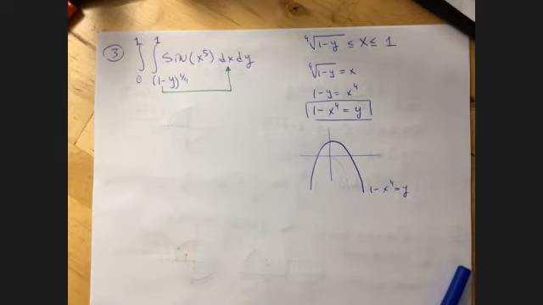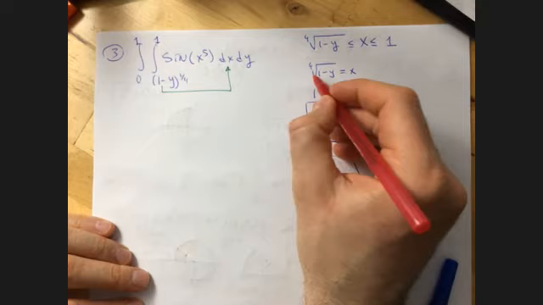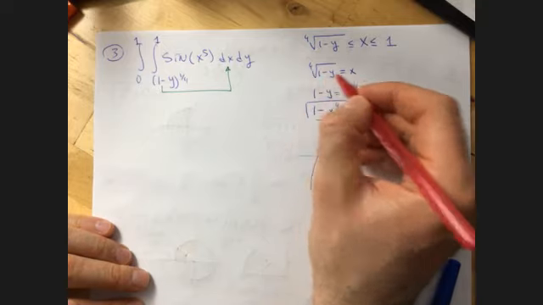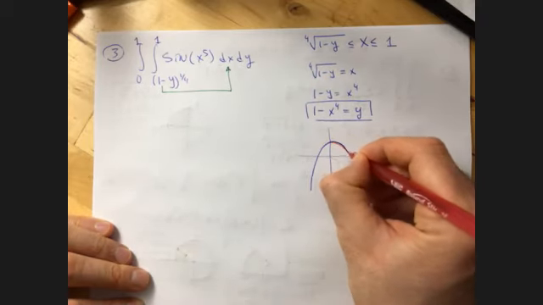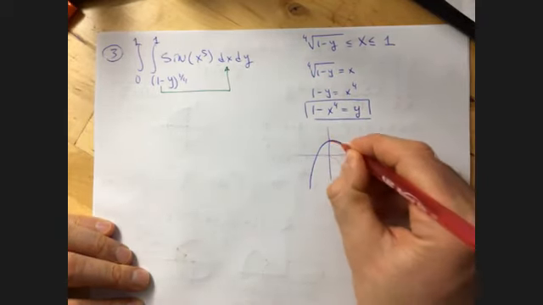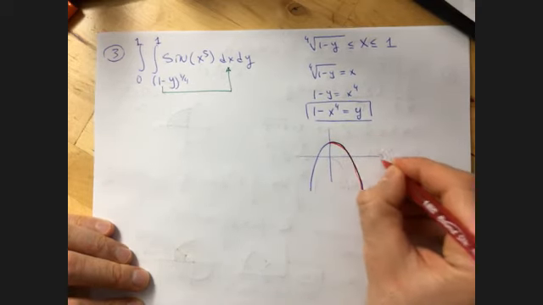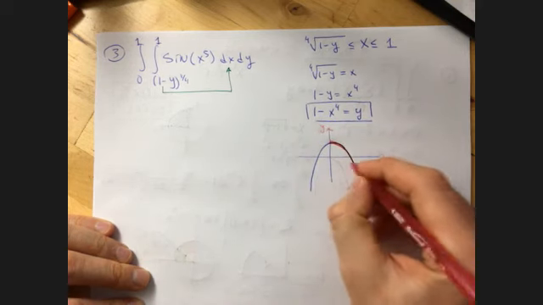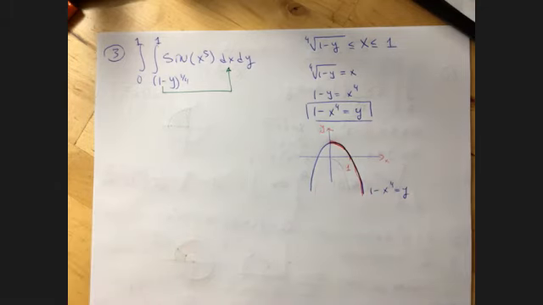Now, be careful here. It says that x is equal to the positive fourth root of 1 minus y, so that means that we are talking only about this part of the curve. Of course, this point here is going to be 1.